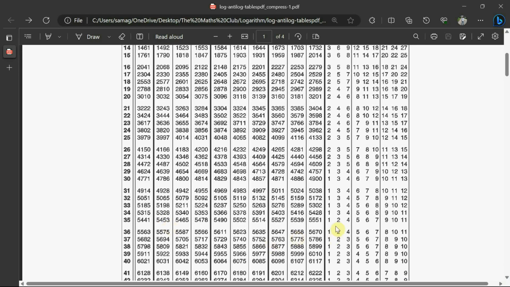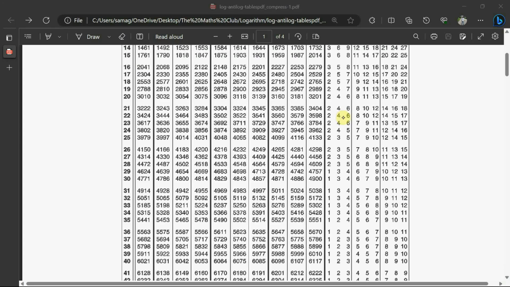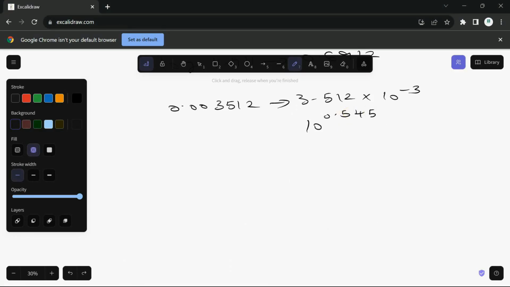Difference 2 is value 2. So that will be 5453 plus 2, 5455. So this will be 10 raised to the power of 0.5455 times 10 raised to the power of minus 3. Then we can add the powers, right? And this will be 0.5455 plus minus 3.